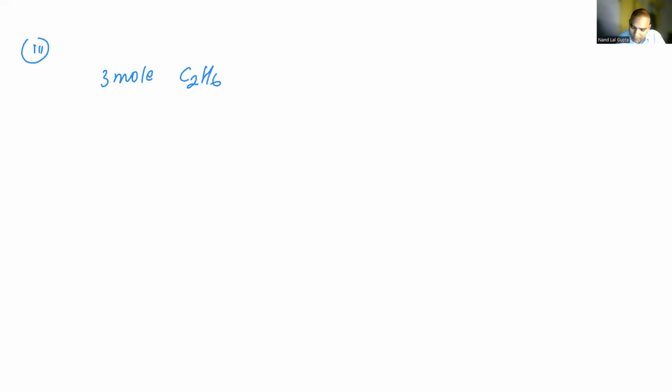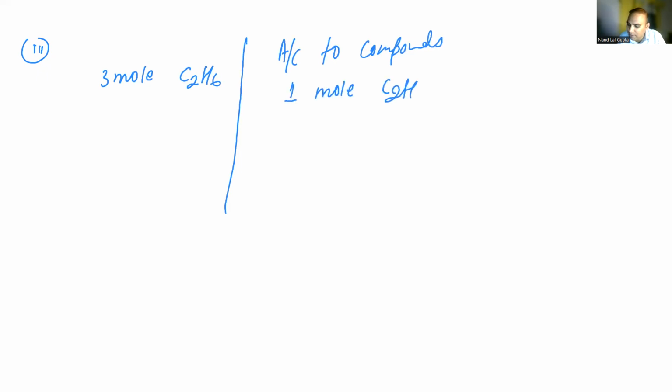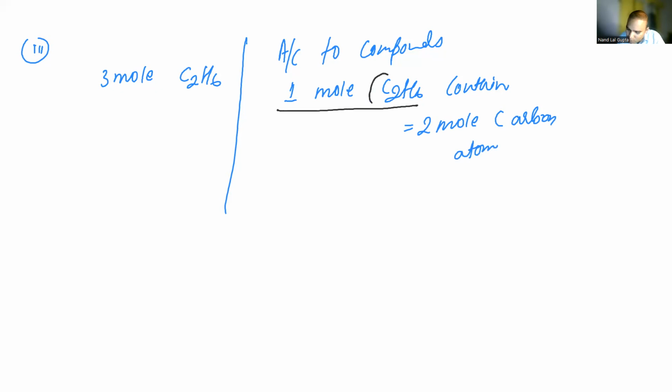So see here, firstly you have to go according to the compound. According to the compound, 1 mole C2H6 contains 2 mole carbon atoms. You can see 1 mole C2H6 is there, and how many carbons does it contain? 2.